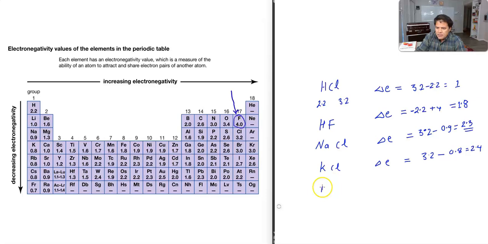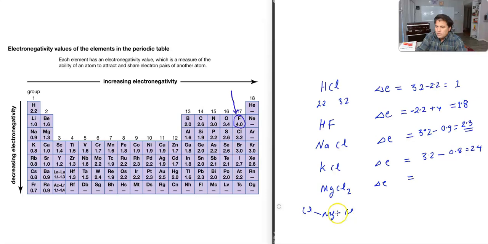For example, magnesium chloride, MgCl2. The bond is between magnesium and chlorine, with magnesium, chlorine, chlorine.